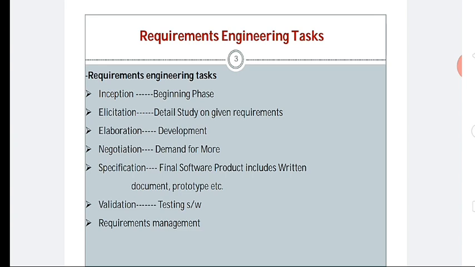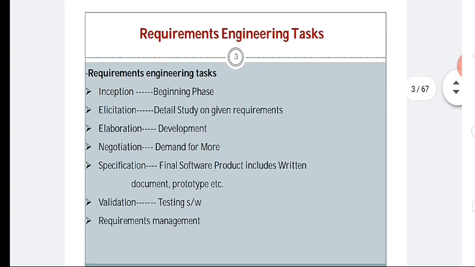Then the validation. Here it is the phase of requirement engineering where the actual testing of the software is done. The tester team that is working on that particular software will test your product.